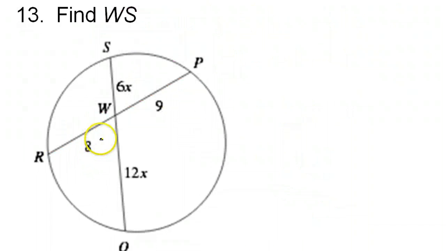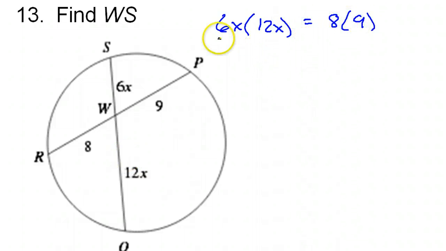All right, this is another part times part equals part times part problem. So 6x times 12x, part times part, equals 8 times 9. All right, so that's going to be 72x squared is equal to 72.